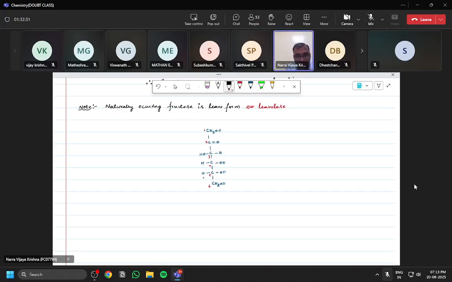This also has the OH group towards the right side, so this is also D. But if we withstand it, it slowly converts its optical rotation to minus 92. So I call this D minus fructose.